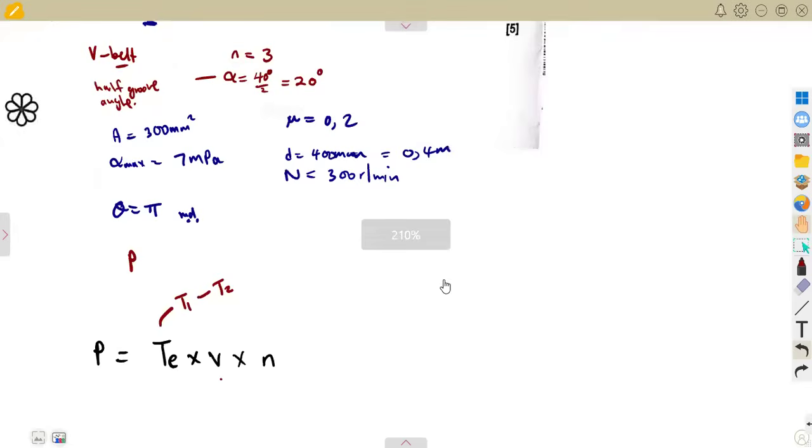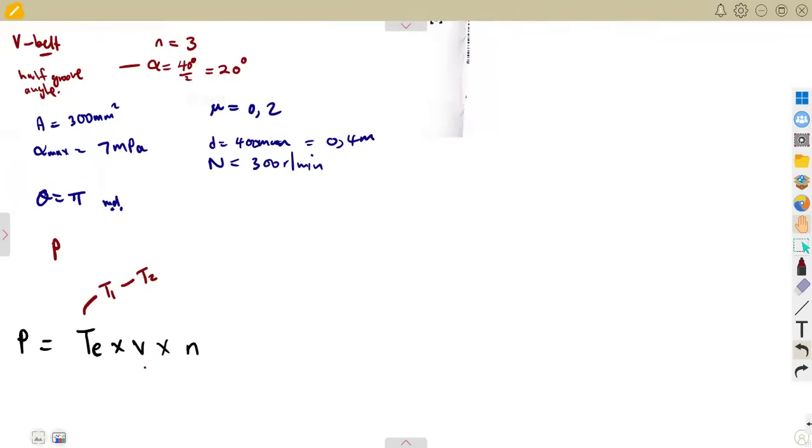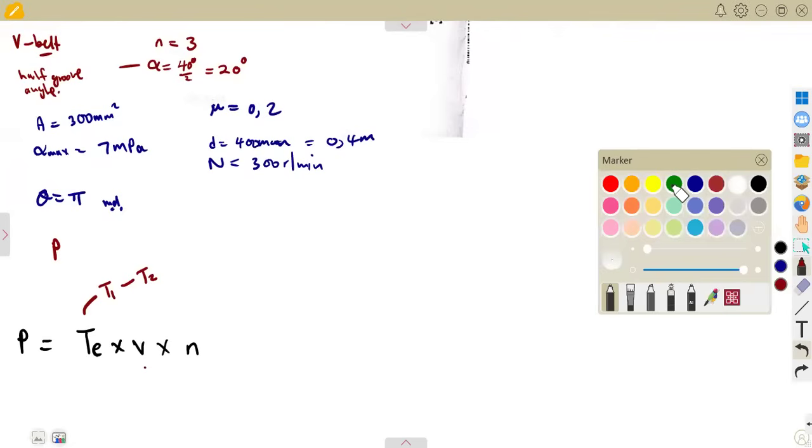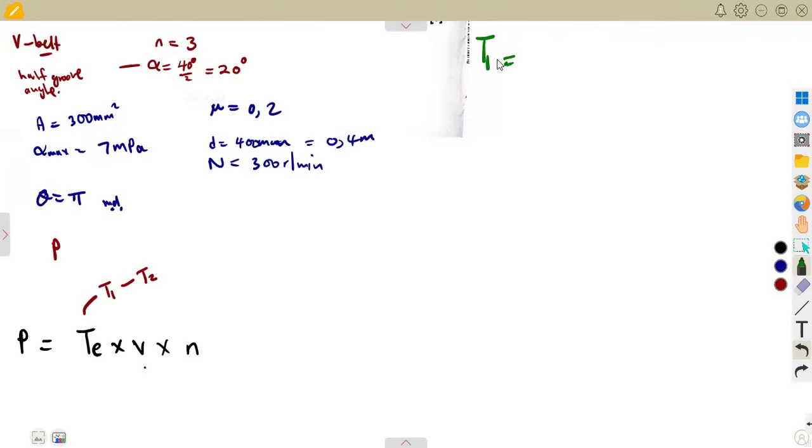From the maximum tension that we are given, we can calculate the tension on the tight side. The tight side is the one that uses the maximum tension. So the tension on the tight side is the maximum stress times the area. The maximum stress is given as 7 megapascal, that is 7 times 10 to the exponent of 6, times the area. The area of the belt is given as 300 square millimeters, and this must be in square meters.